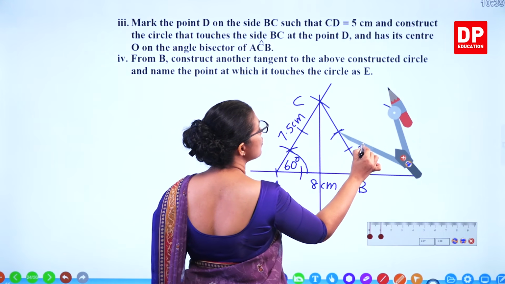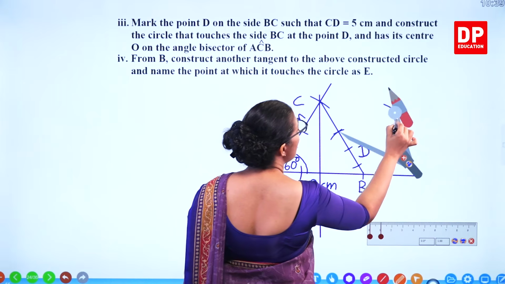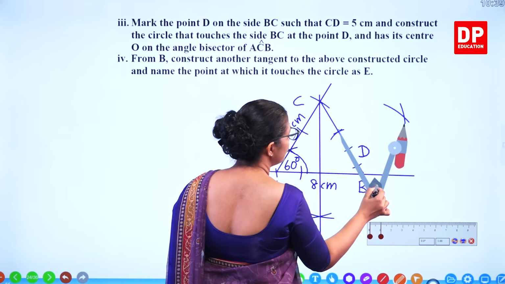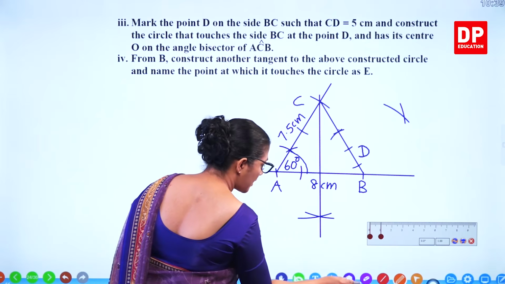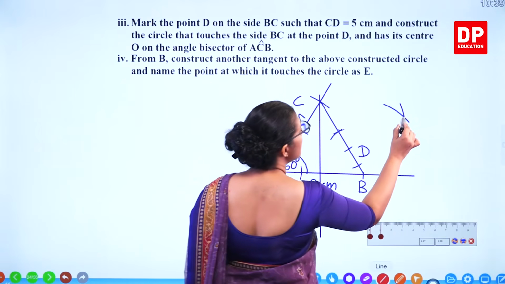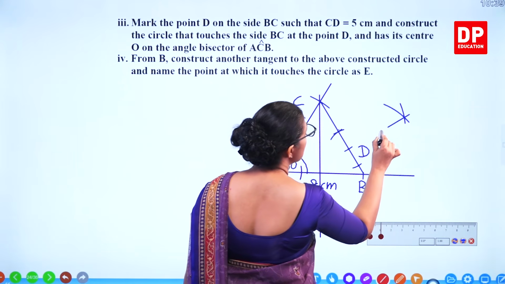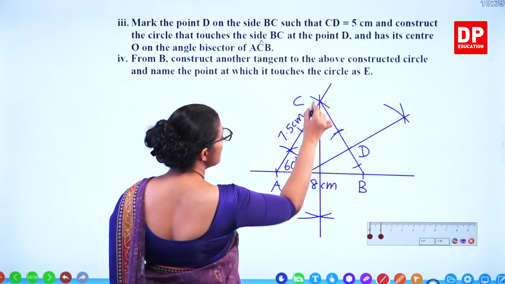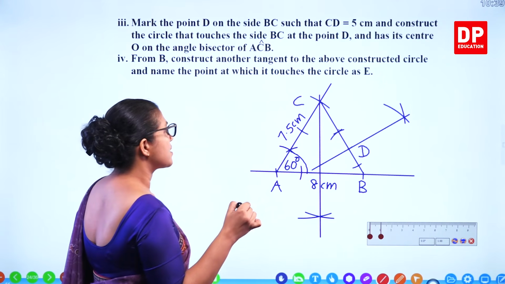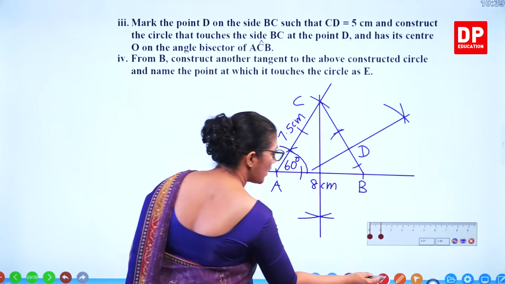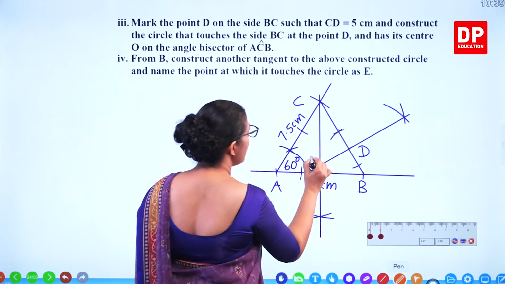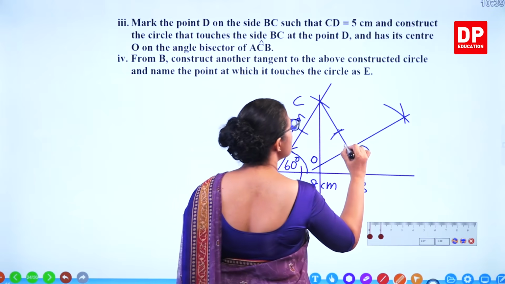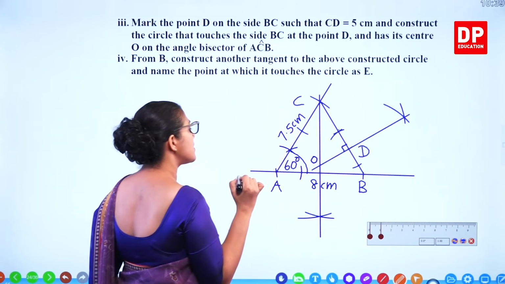Keep the compass on top of this point and draw the other arc here. Now you can connect this point and D point till it meets the angle bisector. So this point is the point O. That's the center. And we know this is 90 degrees.